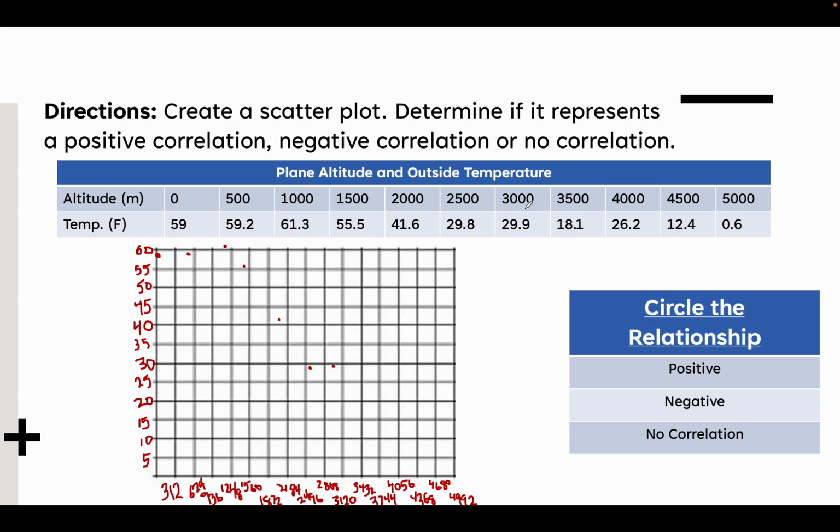Then I'm going to go to the 3500 line. 3500 is about right there. And then 18.1. Then with my 4000 line, it's right before that, and then I'm going to go to 26.2.